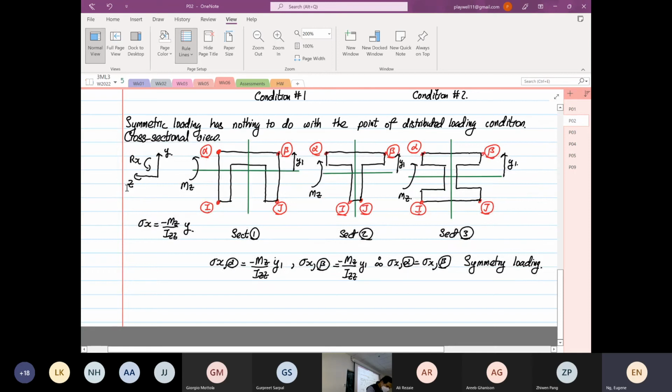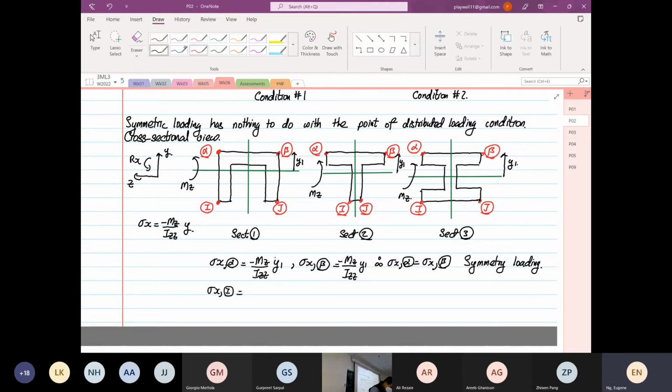Okay. Likewise, if we have stress xi, over here for stress xi, I have this distance over here, and we call this y2. From here to here is our y2, and from here to here is also our y2.